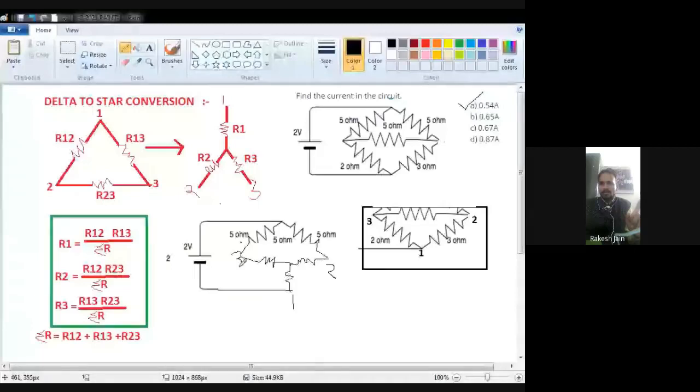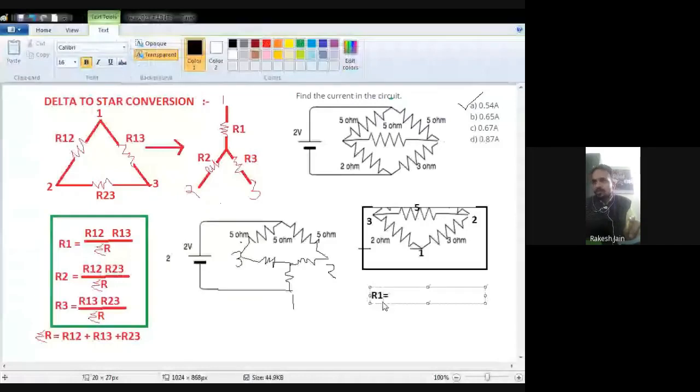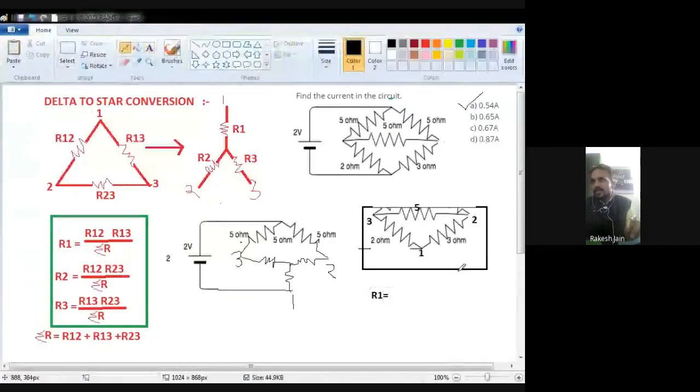Now what will happen? See very carefully. Instead of this, if I choose this bottom as my delta network, in which the first node is this one, the second node you can choose any one. Okay, let's suppose this is my second node and this is my third node. Then what will happen? Let these three resistances create a delta network.